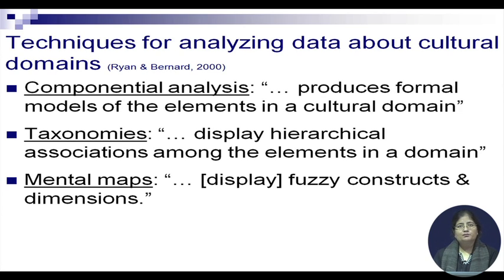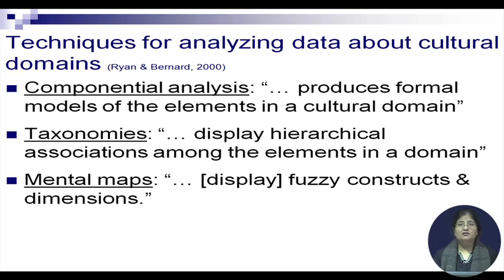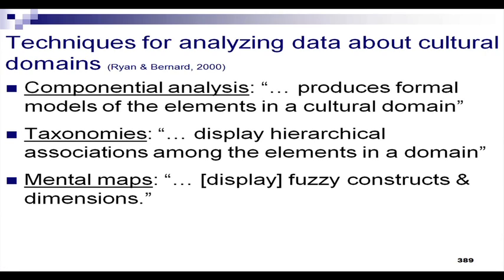Componential analysis produces formal models of the elements in a cultural domain. We'll talk more about this in a minute. Taxonomies display hierarchical associations among the elements in a domain. So you categorize things and then you organize them, arrange them in a hierarchical manner. And mental maps display fuzzy constructs and dimensions.